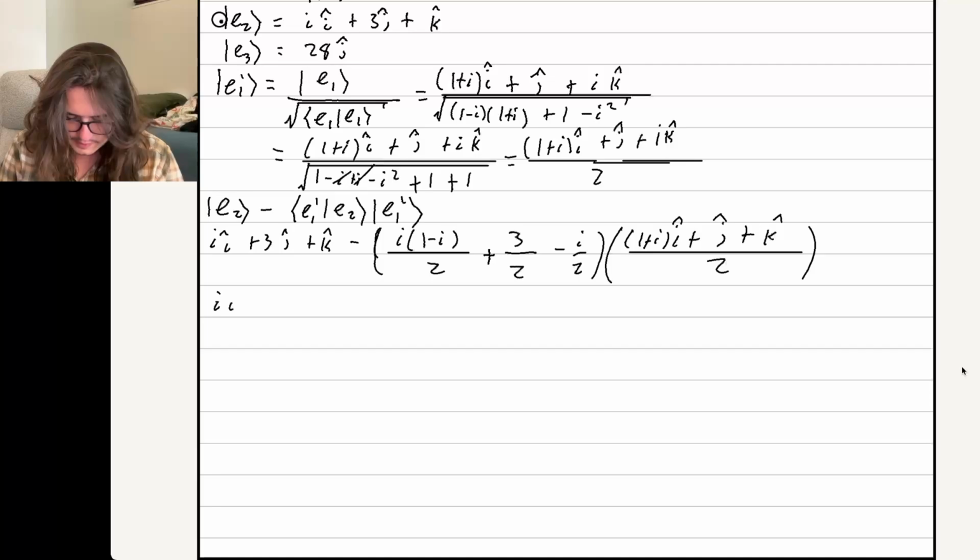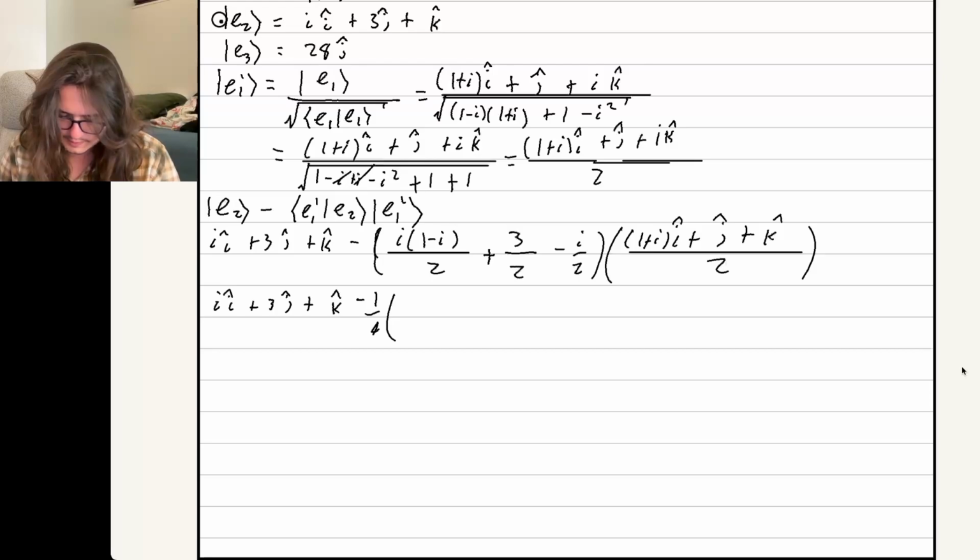Let's collect all of the denominators into a minus 1/4 out front. But then this is going to be i minus i squared plus 3 minus i in the square, and then we still have this stuff in here.